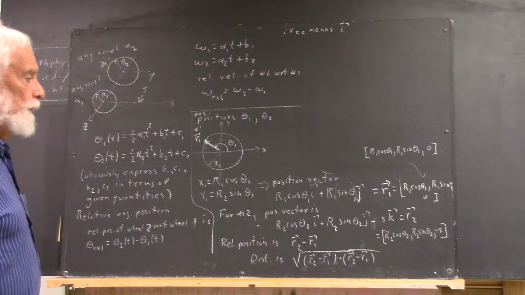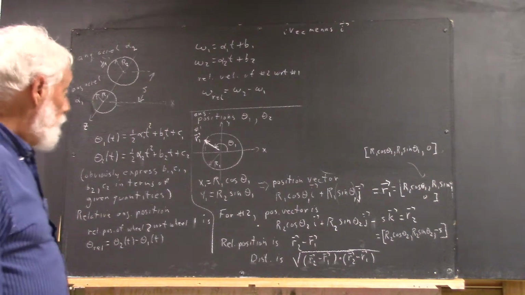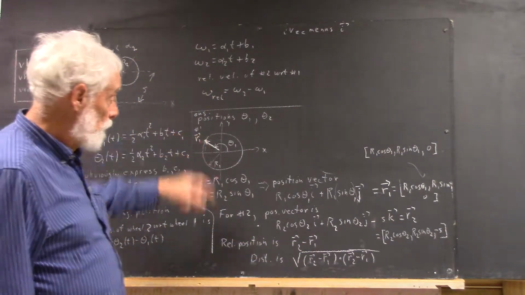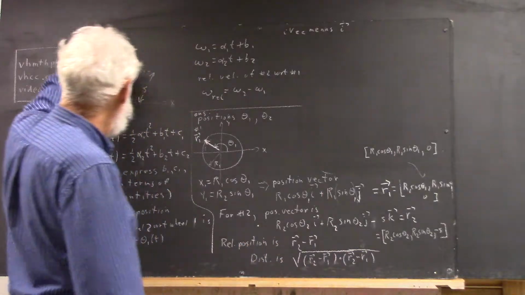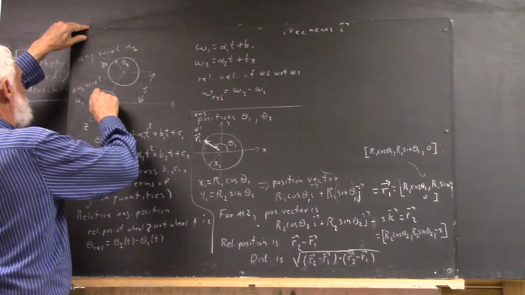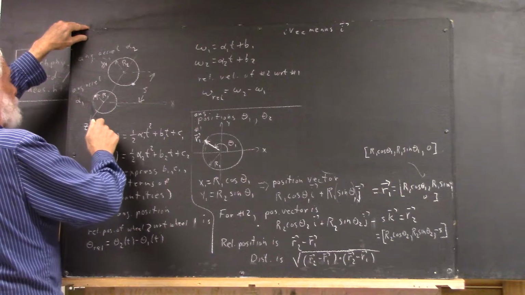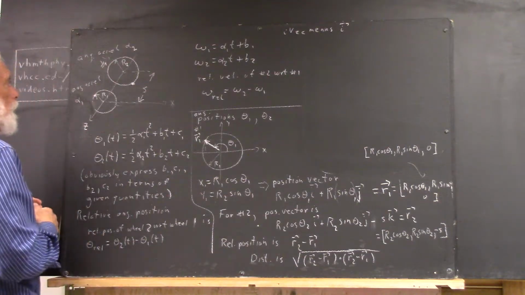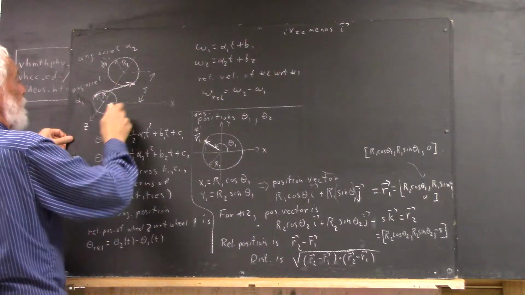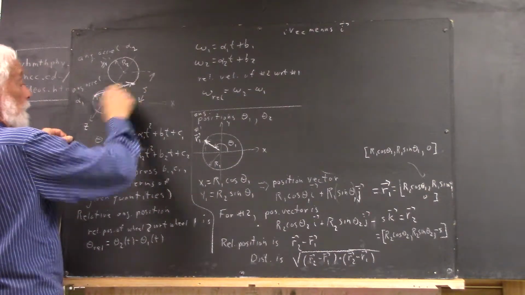What's the relative position? Well, it's no different than it ever was, in the sense that you subtract the position of the point on this wheel from the position of the point on this wheel. So if this is the position on this wheel, and this is your position on this wheel, then the relative position is this vector, the vector from here to here.